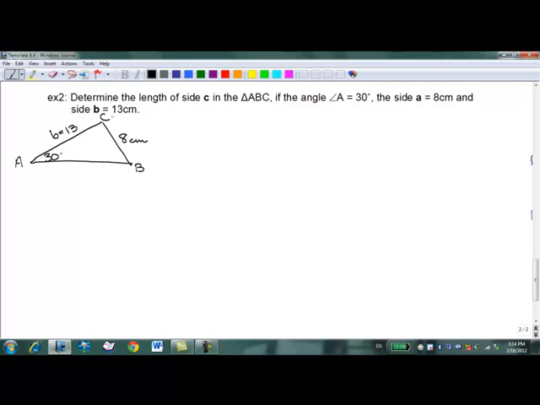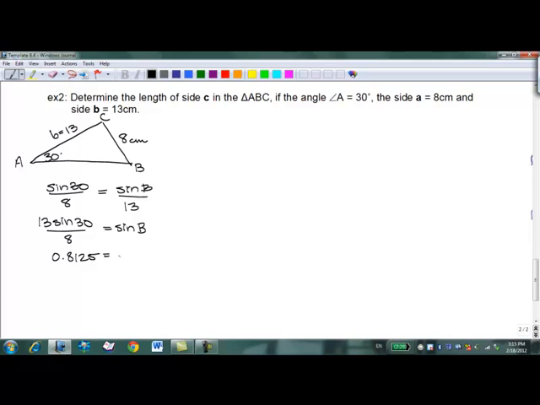The way we're going to solve the ambiguous case is we're going to assume that the picture looks like this, and we're going to solve for sine B. We solve for that B value by going sine 30 over 8 is sine B over 13. If I multiply up by the 13, to isolate for B, 13 sine 30 divided by 8 equals sine B. Roll that through our calculator.